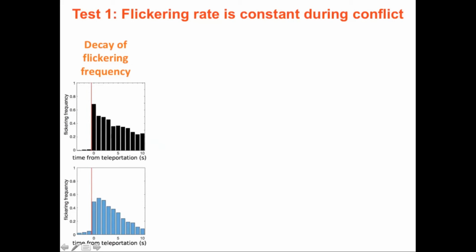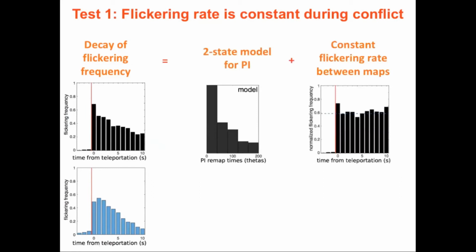But we explain this as a superimposition of two mechanisms. One is we have a path integrator, which actually can be in a conflict or in a coherent mode. That means it points towards cells which are different from the one activated by the visual inputs, or they are the same.